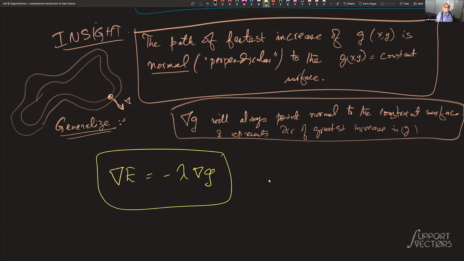When you have a constraint and you want to minimize E given this constraint, in other words, find a point at which E is as small as it can be, but it cannot violate the constraint. You cannot go out of the circle. This equation is called the Lagrange multiplier.